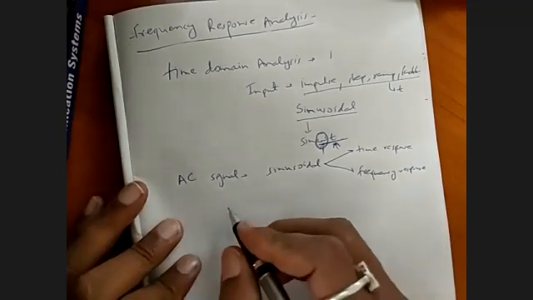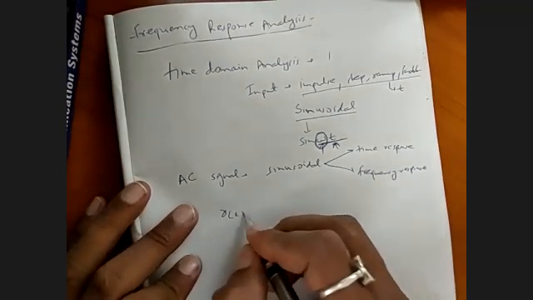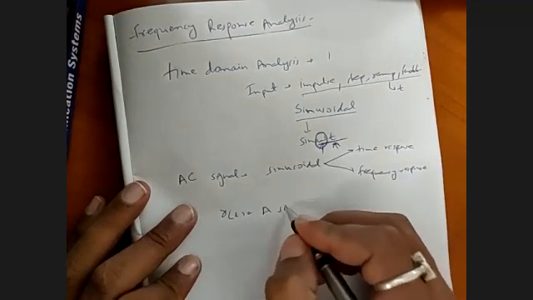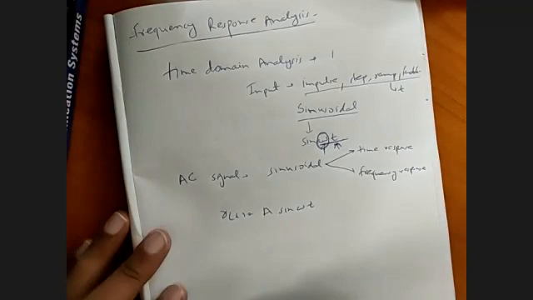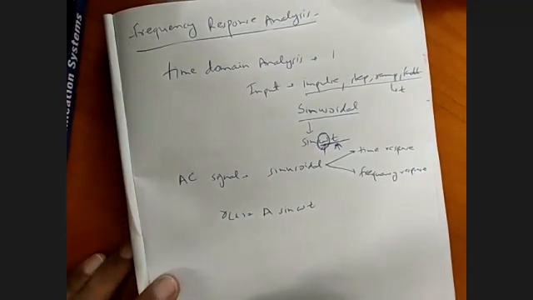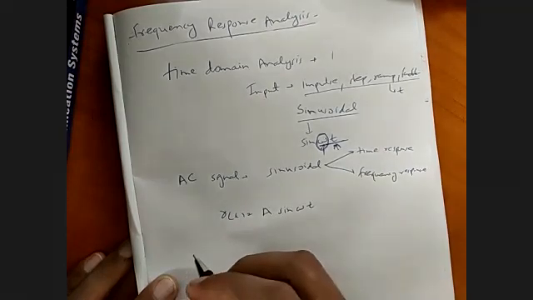So we have a linear system where r(t) equals A sine omega t. Under steady state, the system output is also sinusoidal.